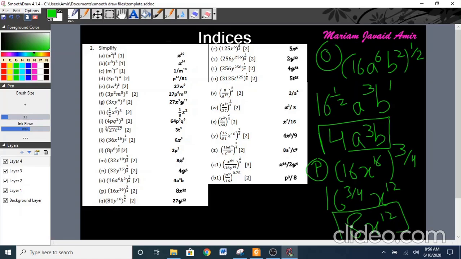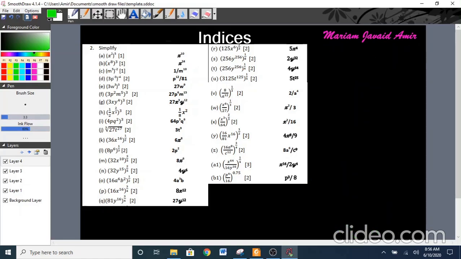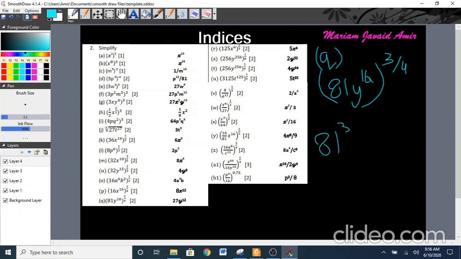Okay. Next up is part Q. 81 y^16 power 3 by 4. So 81 power 3 by 4 and y^16 times power 3 by 4, 4 and 16 cancel, this becomes 12 again.